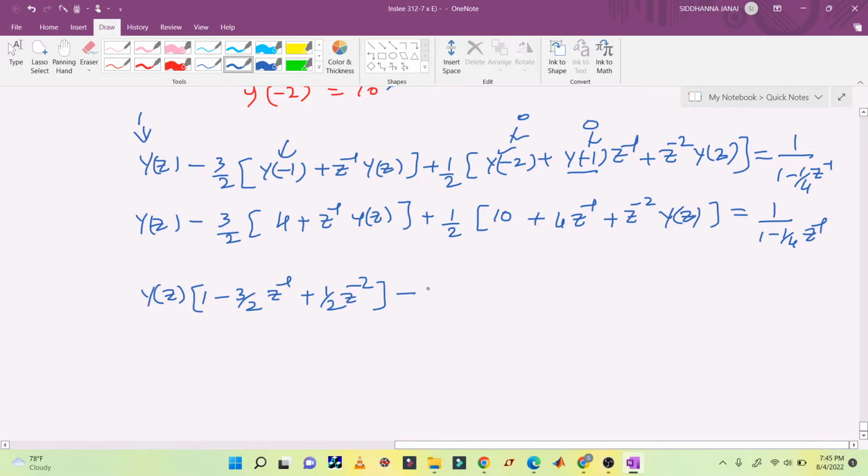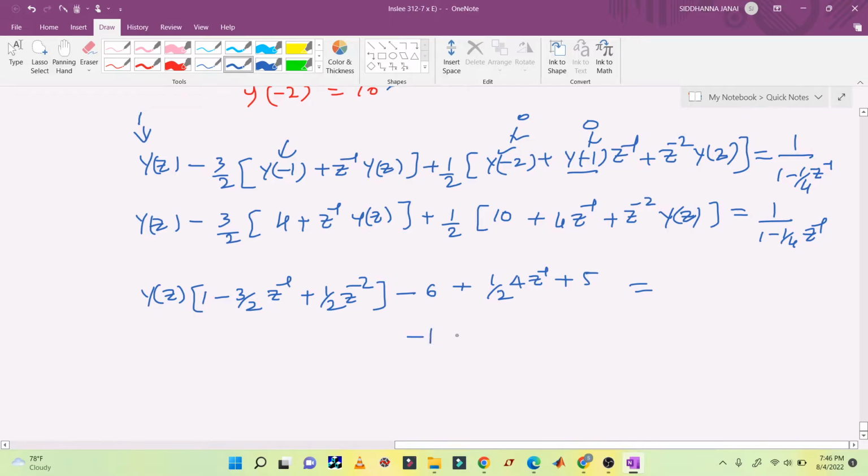What we'll get is 3 into 2, 6, minus 6, plus 1 by 2 into 4 z inverse plus 1 by 2 into 10 is 5. Okay, so this is what we'll get, minus 6 and plus 5. Minus 6 and plus 5 is minus 1.